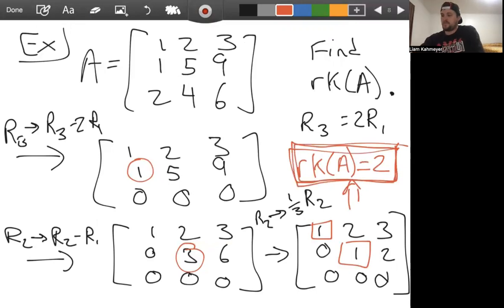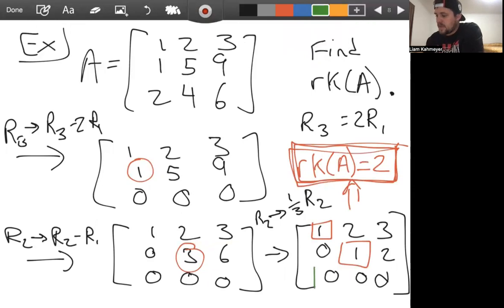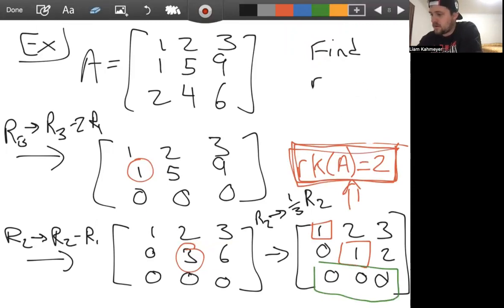And you'll notice, and we'll talk about this more in depth later, like I said, we'll study the rank and its applications a lot more later, but I'll tease this a little bit. It is not a mistake that the rank is the number of non-zero rows. I'm going to erase up here what we've done.